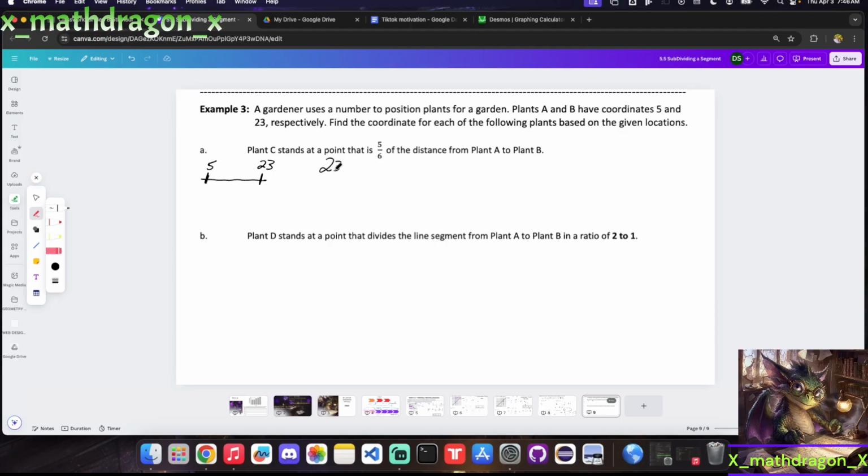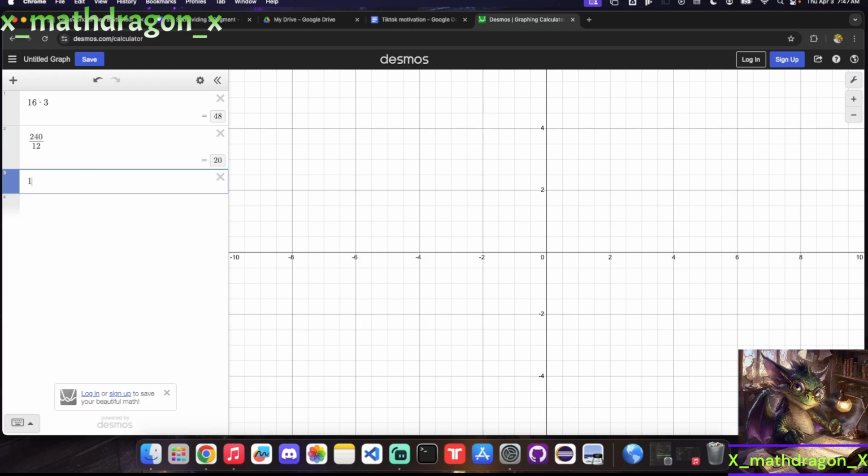There's technically only 18. So if we were to jump between here, there would only be 18 spaces. Then we multiply it by our ratio, which is 5 to 6. So we're going to take that 18 and times it by 5 over 6. And that's going to give us 15.